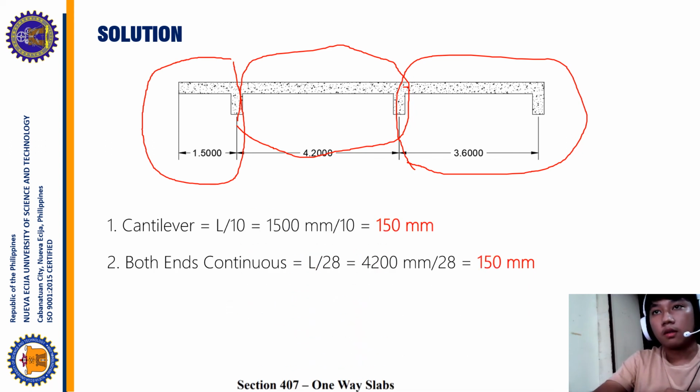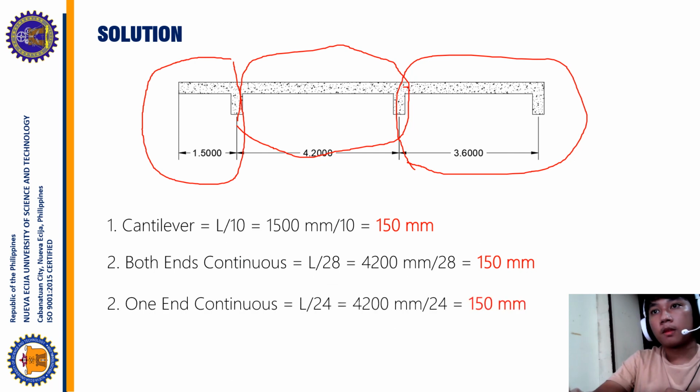So for the one end continuous, we have 3.6 millimeters over 24 is equal to 150 millimeters. So a little typographic error here. This is 3,600 millimeters. So therefore, these are the final answers.